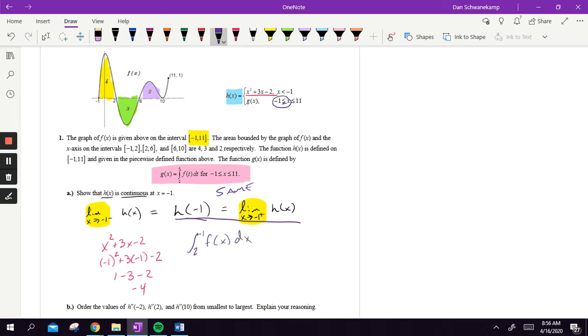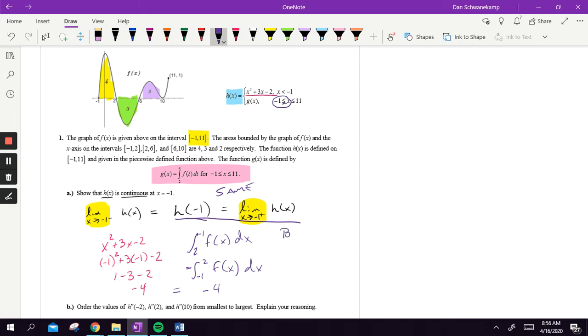Okay, so I'm going to find the area under the curve starting at 2 and going to -1. So I'm going to flip that, and I'm going to say I really want to know the area from -1 to 2, because I don't like the lower bound on top. I want the lower bound on bottom, sorry. And so if I go from -1 to 2, oh, that's -4. This is equal to this. And so I'm going to put that together.